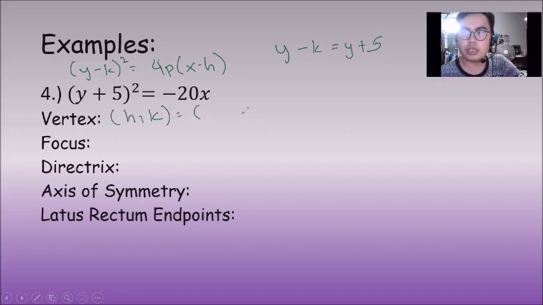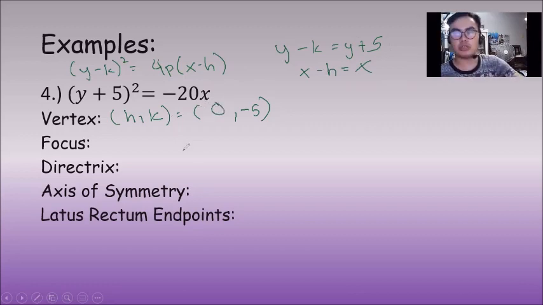So our k for the vertex is negative 5. Why? Because of the opposite signs. Since we just have x here, x minus h is equal to x. Since this has no number here, we can tell that our h is 0. So therefore, our vertex is 0 and negative 5.